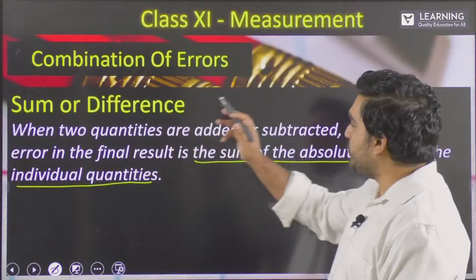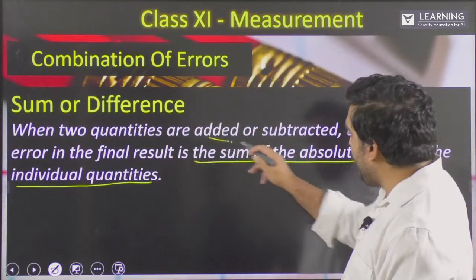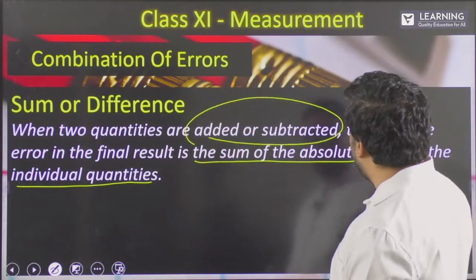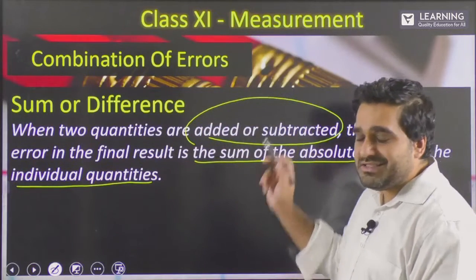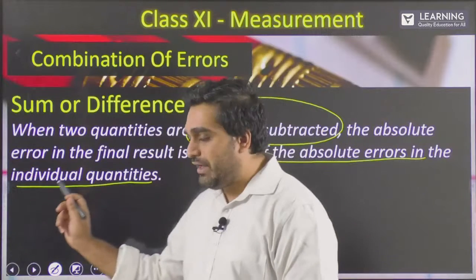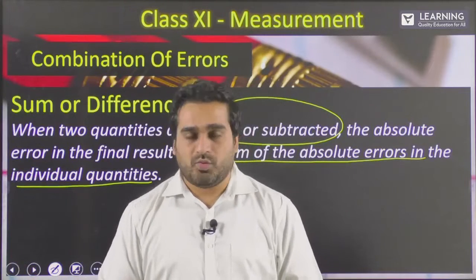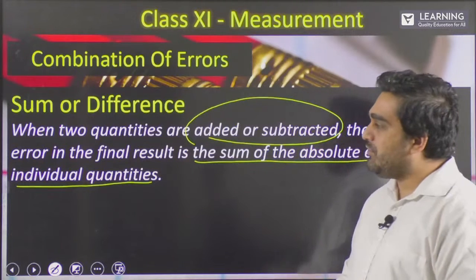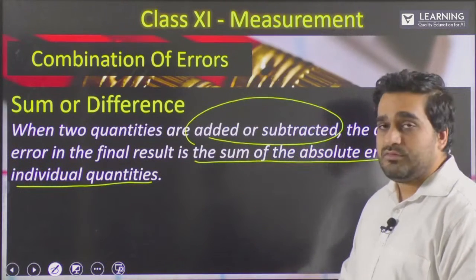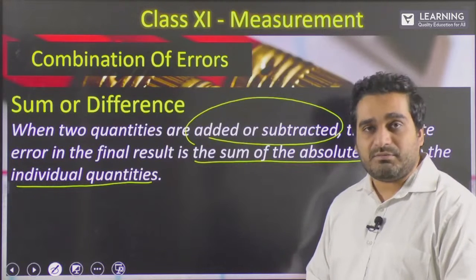So when two physical quantities are added or subtracted, the absolute error in the final result is always the sum of the absolute errors of individual quantities. Go ahead and make a note of this. I will anyway be sharing this PPT with you, so you can have a look at the statement one more time.